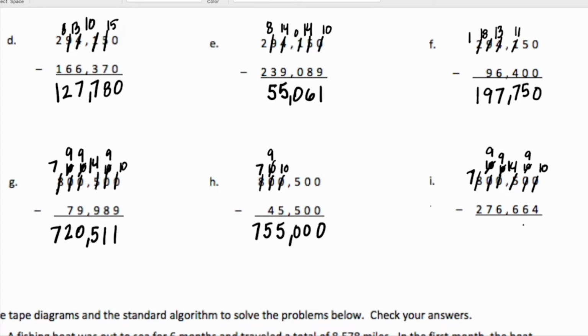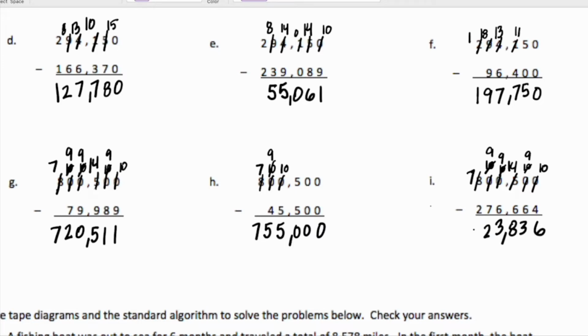Now I can subtract. We have 6, 3, 14 minus 6 is 8. 9 minus 6 is 3. 9 minus 7 is 2.